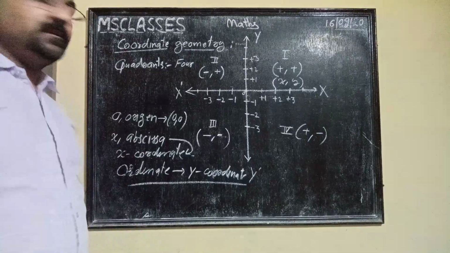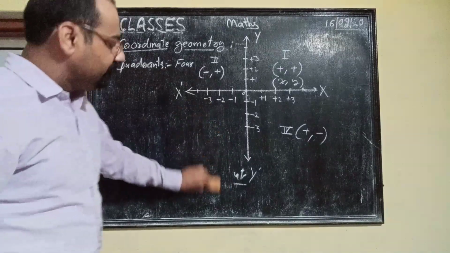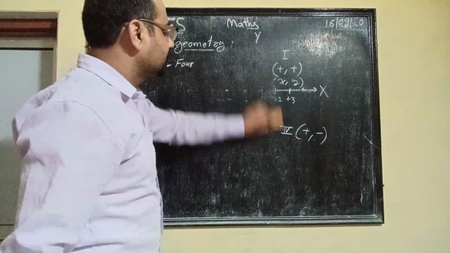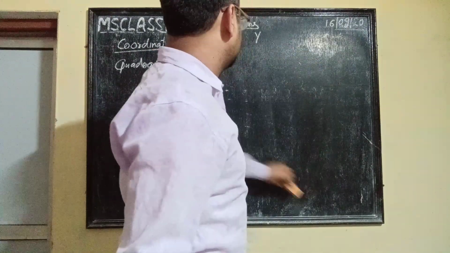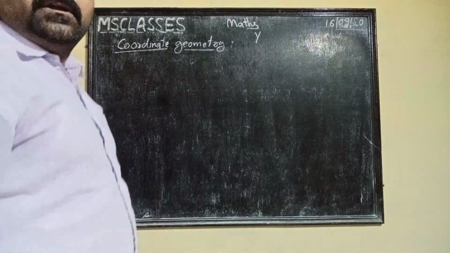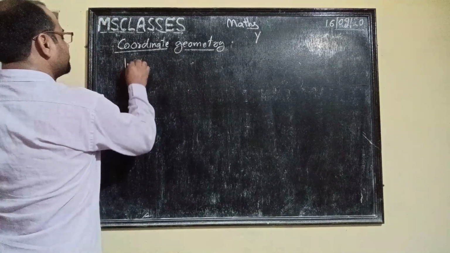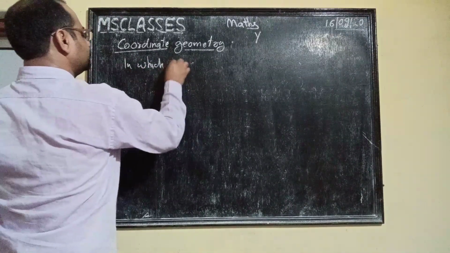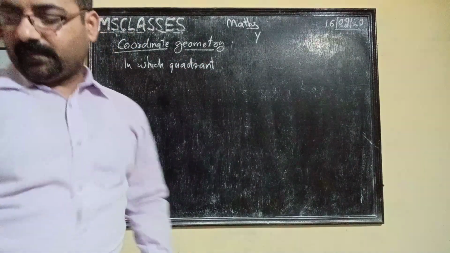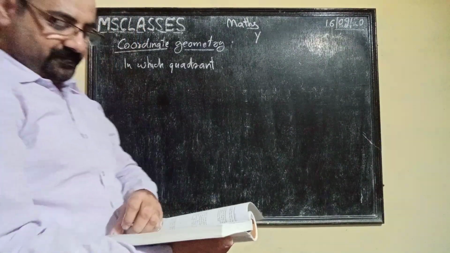So now we will take one question from your exercise. You have to locate the points on the Cartesian plane. So now we will discuss this question. So this is your chapter number 3.